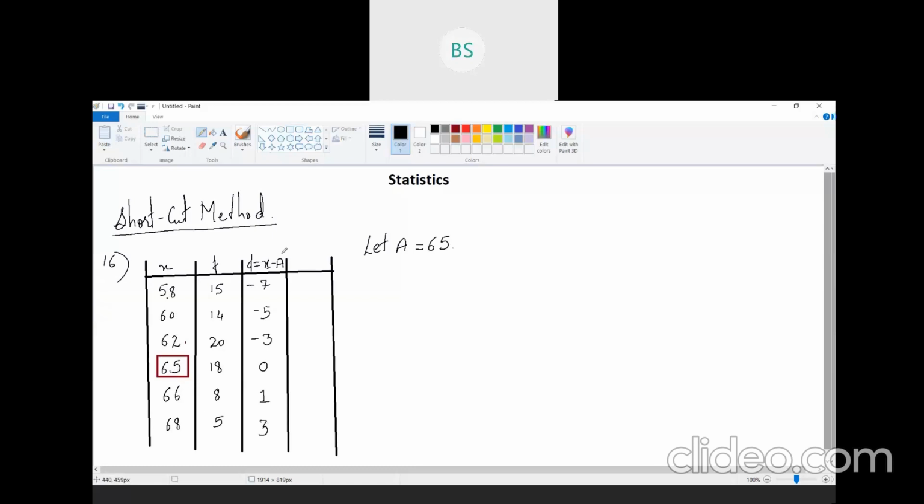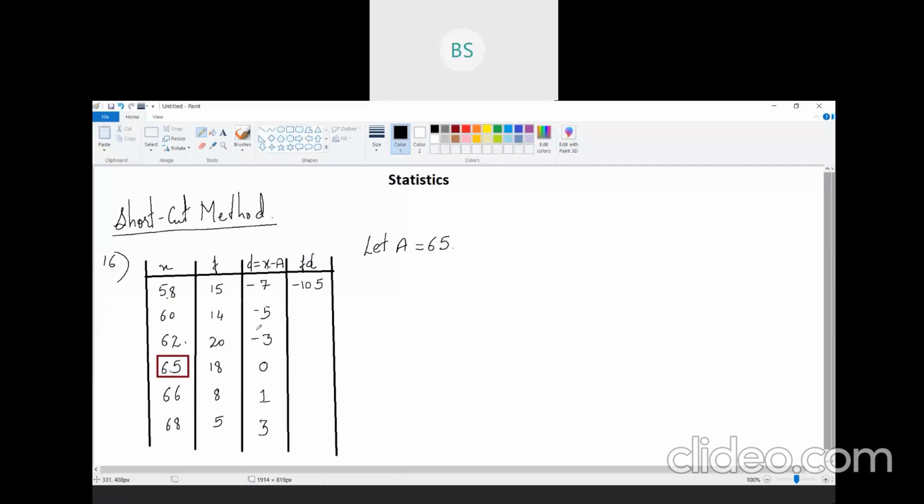Right? Once we find D, the next step is to find the product of frequency and D, that is f into D. You have to multiply the values in the second and third column. So 15 into minus 7, this will be minus 105.